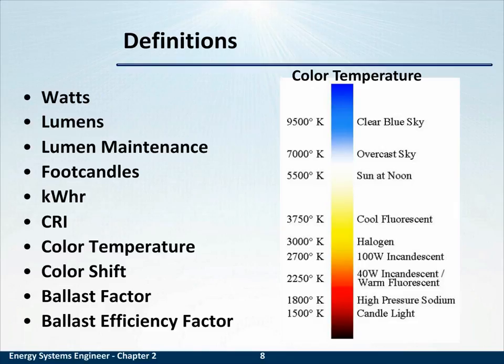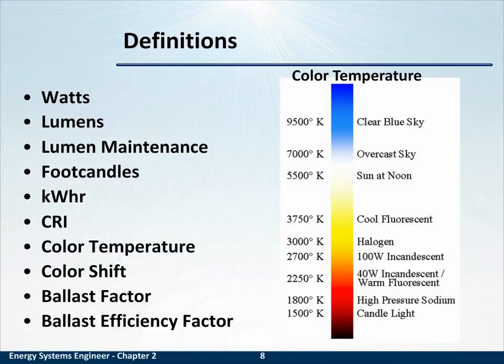Ballast factor is specific to a ballast and lamp combination. It represents the percentage of rated lumens that's produced. The ballast efficiency factor, however, is a different ratio. It's the ballast factor divided by ballast input voltage.